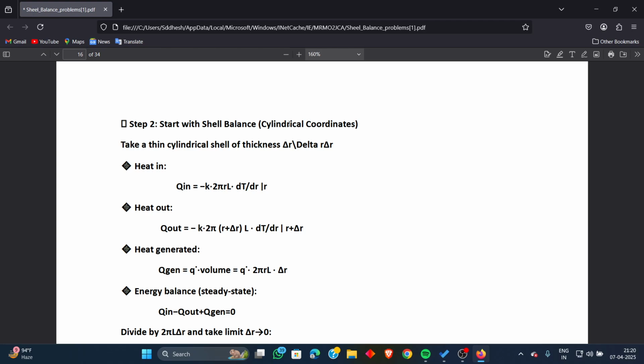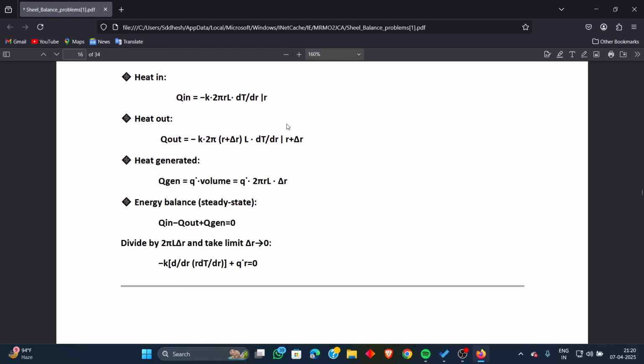What we get here is Q dot into 2 pi R L into delta R. Energy balance, steady state. We get Q in minus Q out plus Q generation is equal to 0.